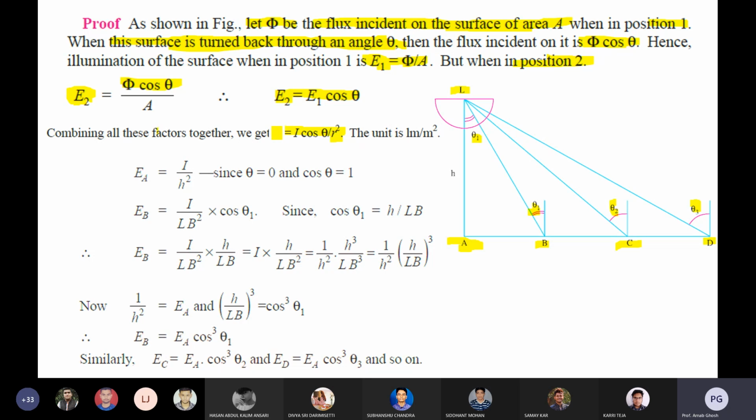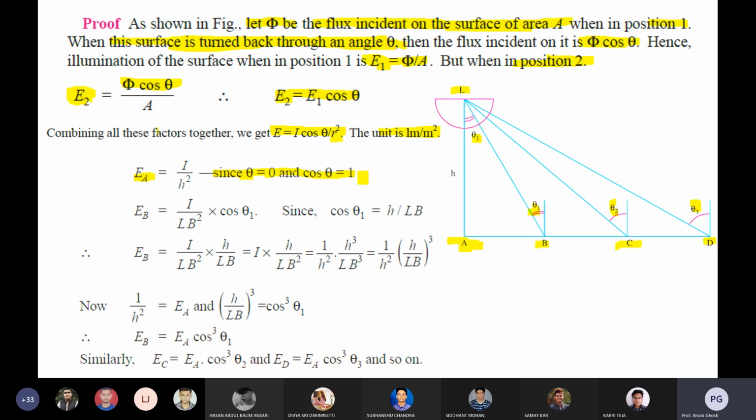From the beginning that was the formula: E equals I cos theta divided by R squared. The unit is lm per meter squared. At position A, it directly comes as I by H squared, since theta tends to 0, so cos theta equals 1.